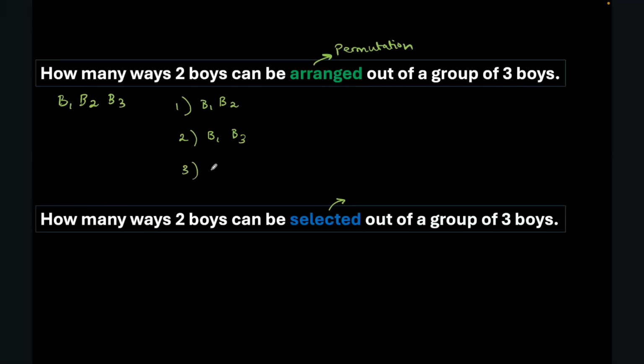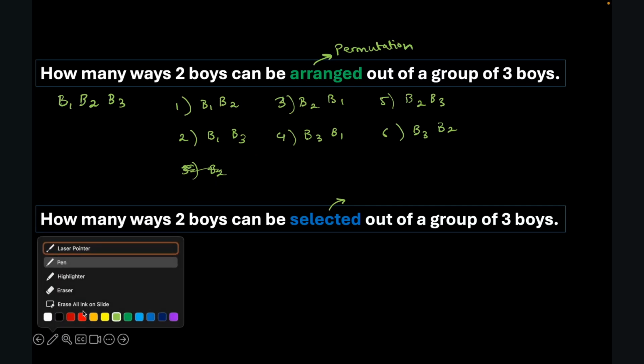The third arrangement can be boy 2, boy 1. The fourth arrangement can be boy 3, boy 1. The fifth arrangement is boy 2 and boy 3. And the sixth arrangement is boy 3 and boy 2.